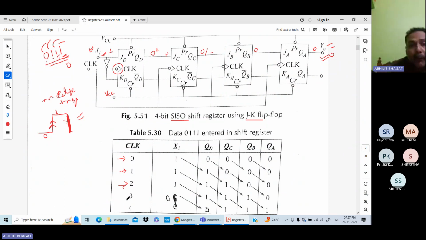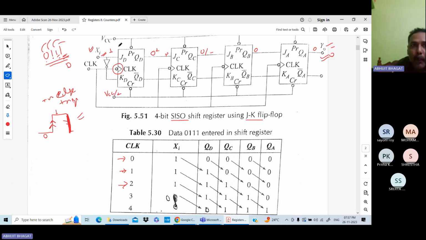When you provide the clock pulses, first, this clear we had initially made 0 to clear all of QC, QB and QA, because by default there could be 1 or 1 here. Initially all of QC, QD, QB are set to 0, and for that you are providing 0 at this point. After making everything 0, again for the normal operation we connect this clear to VCC, meaning high, meaning 1.